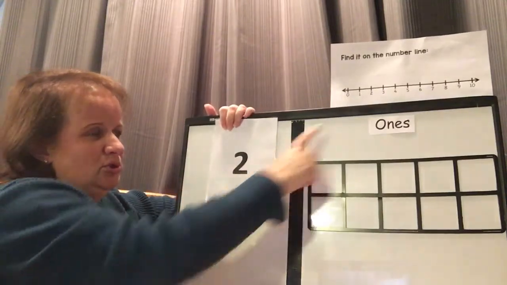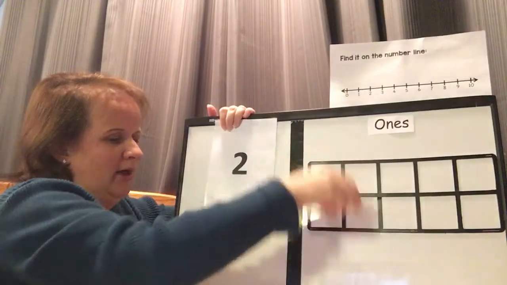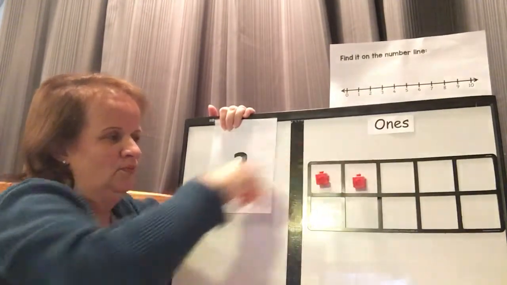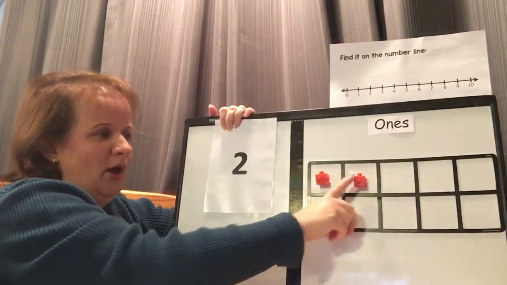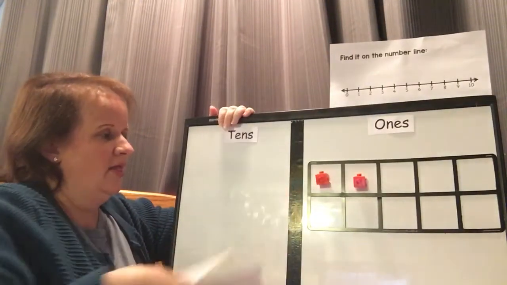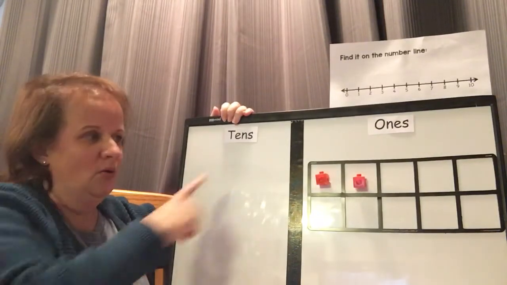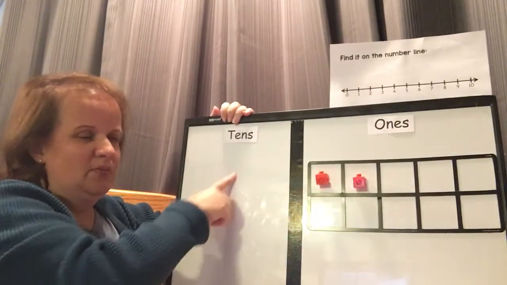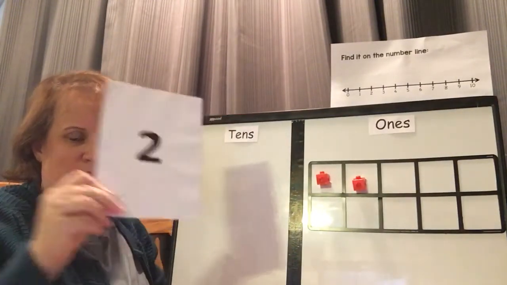Let's put 2 ones on our 10 frame. 1, 2. There are 2 ones on our 10 frame. There are 0 tens. 2 ones, but 0 tens. Number 2.